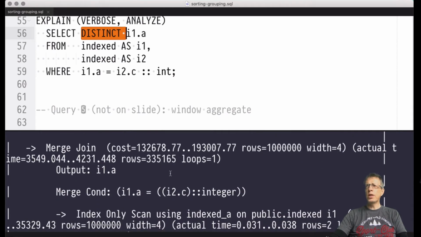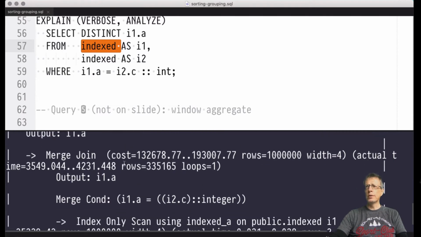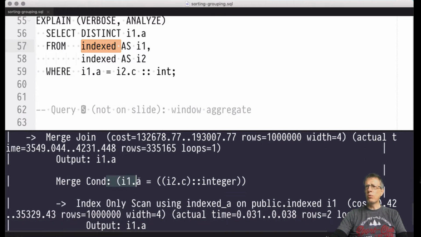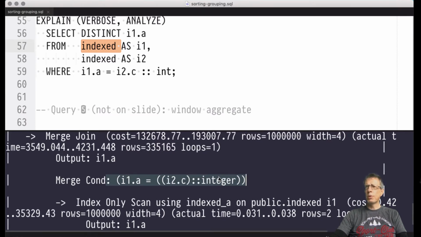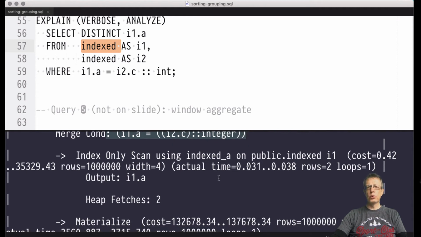And the merge join has two inputs. You would expect that because, of course, two tables contribute rows to the computation of the join. We see the join condition here, the join predicate, but below that we see that two row sources contribute the rows to the merge join.